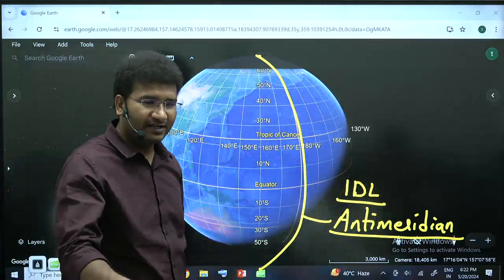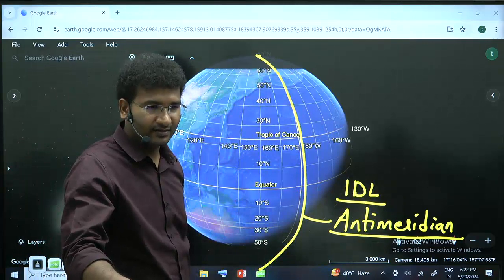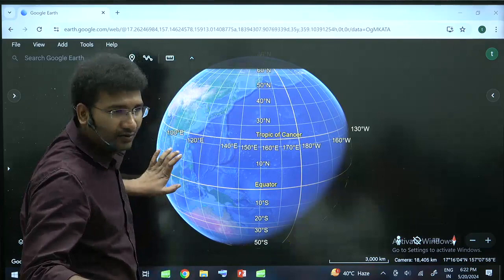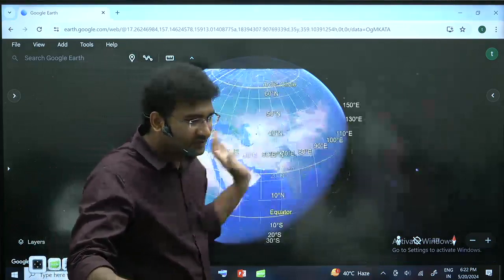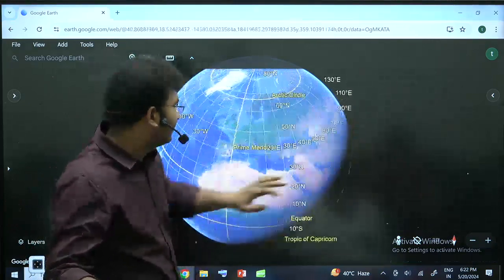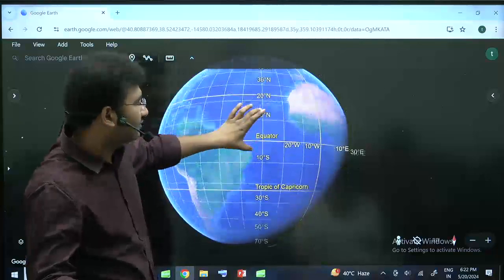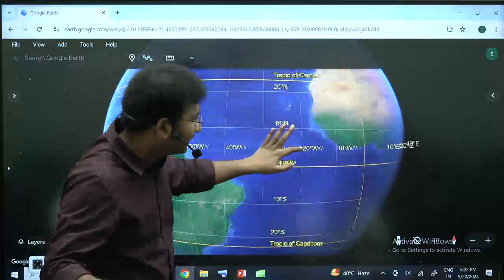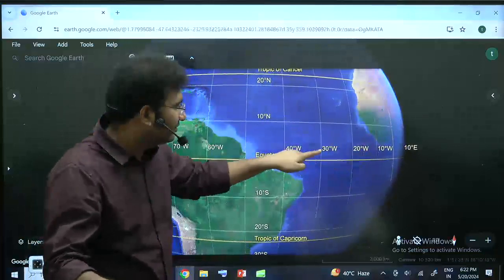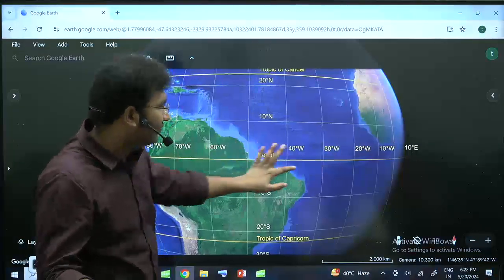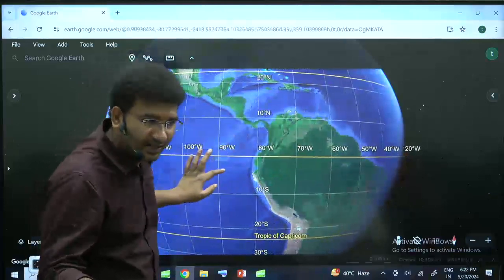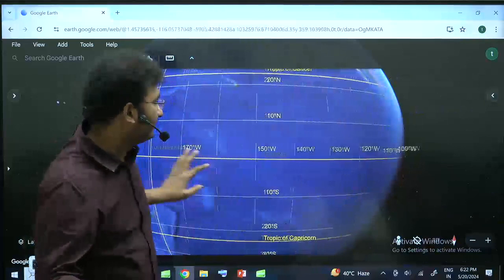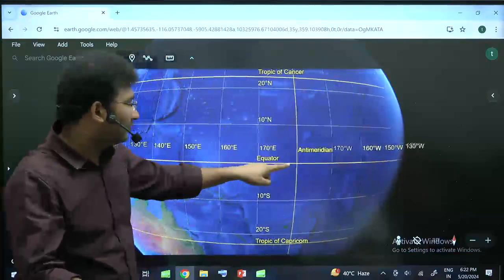Now this is a 180 degrees angle, right? One more thing. What I have done is I have taken from west to east. Now I'll take from east to west. Look here. This is the prime meridian. If I am rotating 10 degrees west, 20, 30, 40, 50, 60, likewise the exactly opposite line to it will be what?